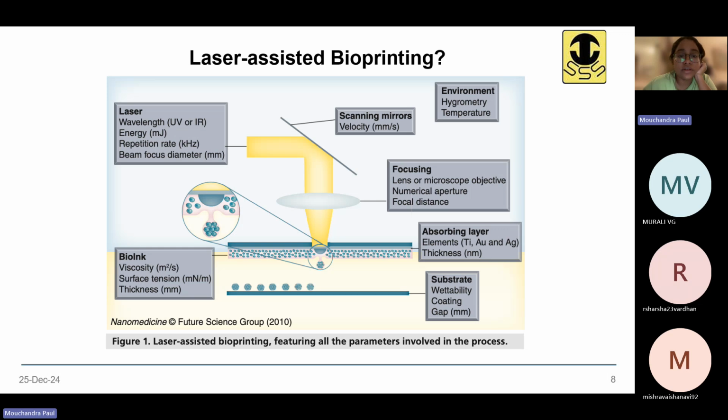The laser is like a single point. It does not know where to go. The movement of this mirror helps in focusing this laser point at a particular point in the XY plane. Now, what is the impact of fast moving and slow moving? That we will see in the result.